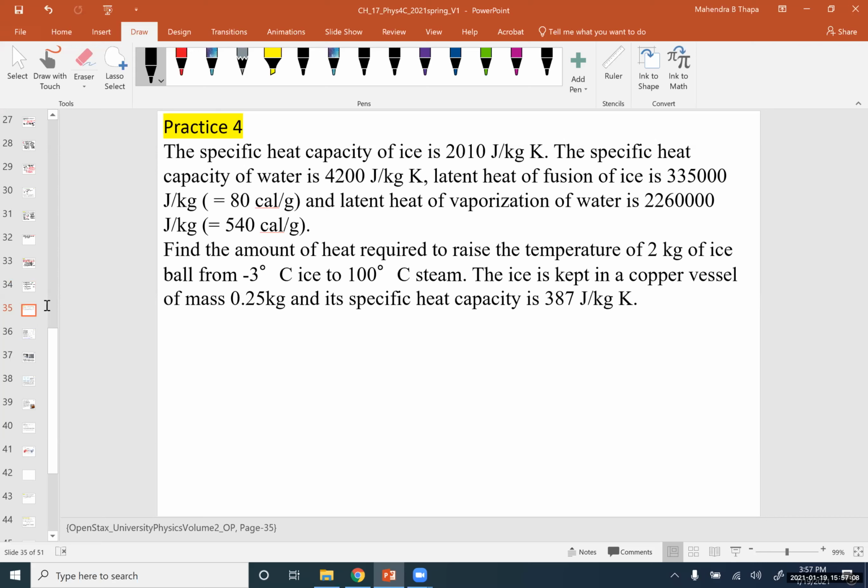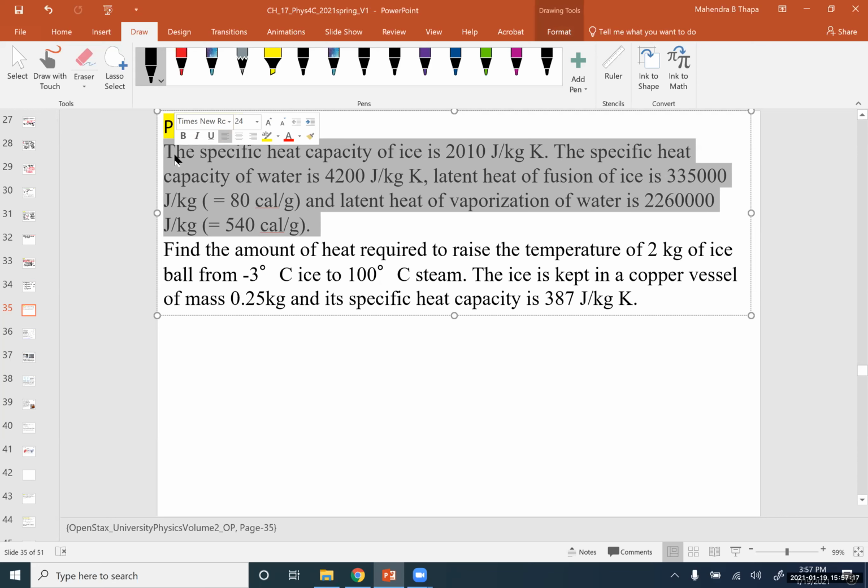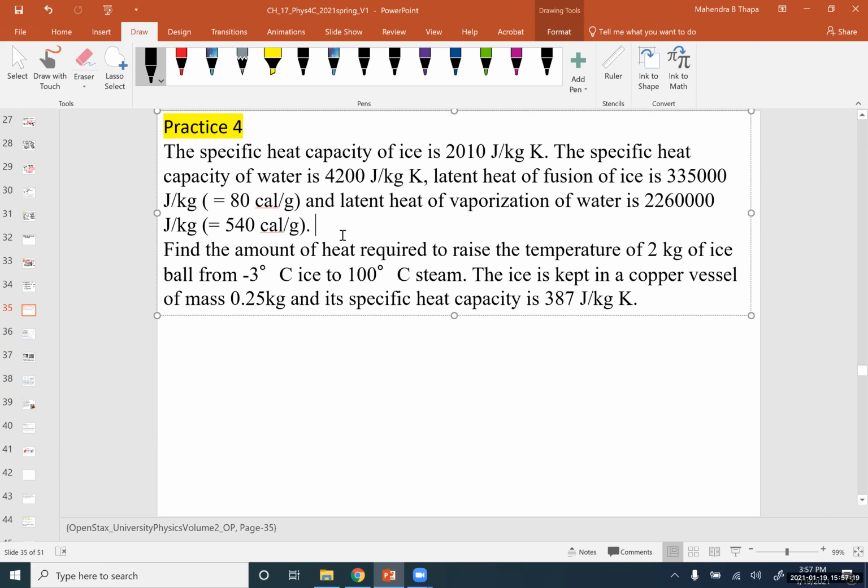So you can practice, and based on that, you can solve this problem. In this case, the first part is the given information. In the second part, you can find the amount of heat required to raise the temperature of 2 kilogram ice from minus 3 to 100 degree steam, but be careful this time, the ice is kept in a copper vessel.